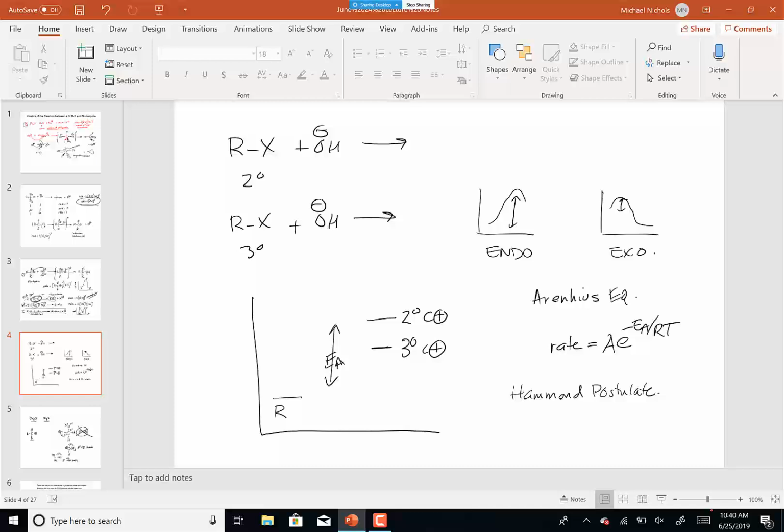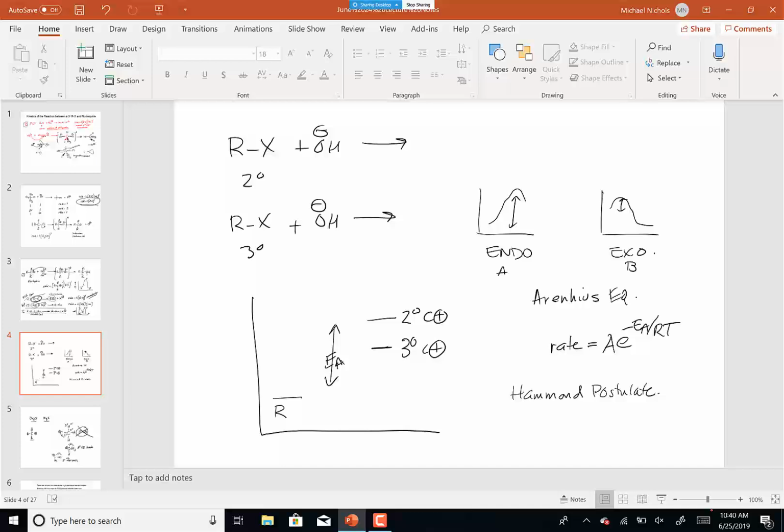So we don't necessarily have to interpret it that way. We just have to say, which reaction is going to go faster, endo or exo? Which one's going to go faster? Endo, exo, or same?